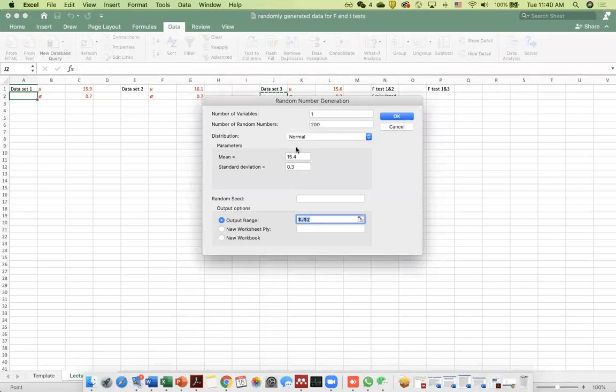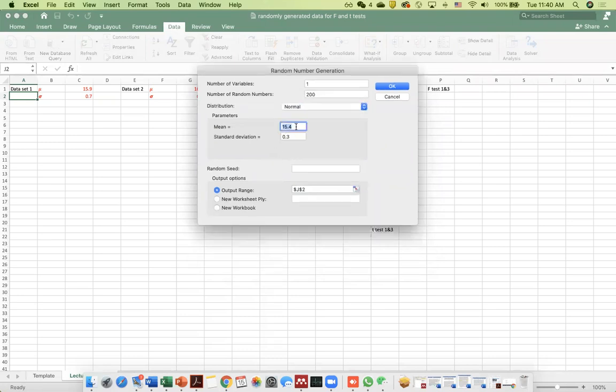We want 200, and we want the distribution to be normal. For all the comparisons here, we're assuming a Gaussian distribution, normally distributed data. So you have to choose normal. Then for the mean I will put 15.9 with a standard deviation of 0.7.